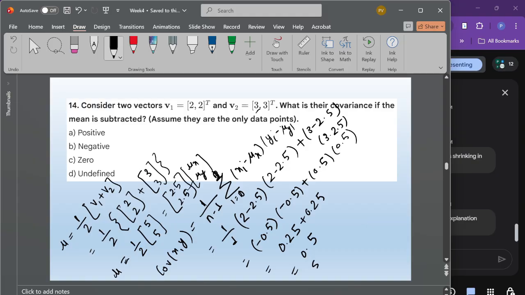Since 0.5 is greater than 0, it is a positive number, so the result is positive. So option A is the correct answer for this question.